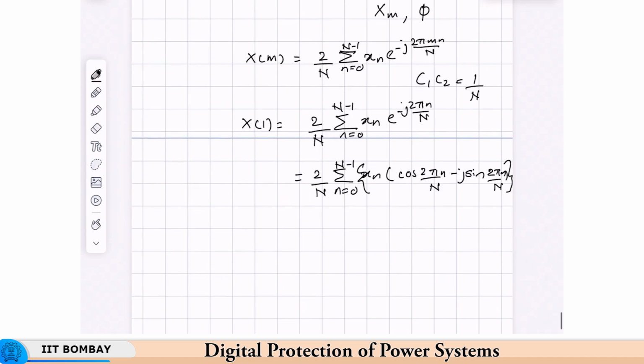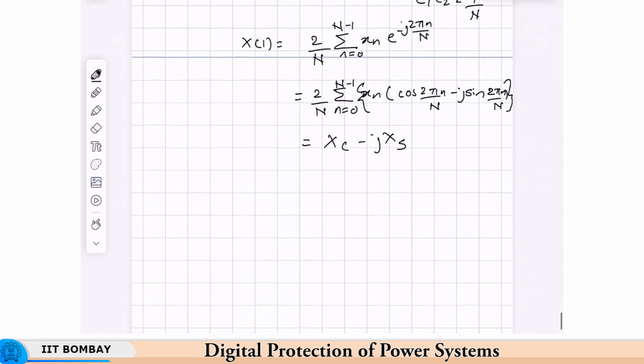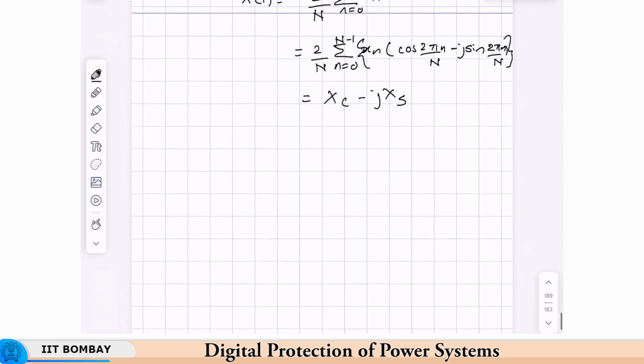And just for the sake of convenience we will write it as, since the first term involves a cosine term, we will write it as Xc, and the second term, since it is a sine term, we will write it as jXs. Now, what is Xc?